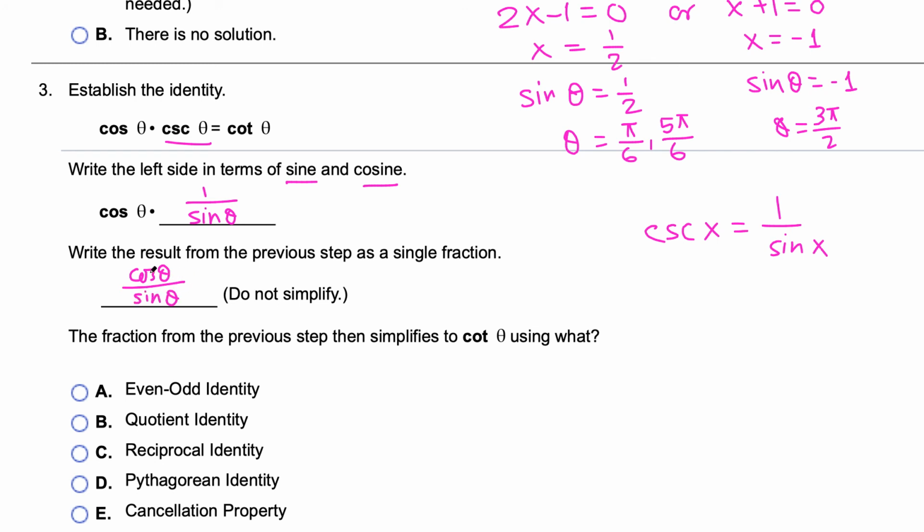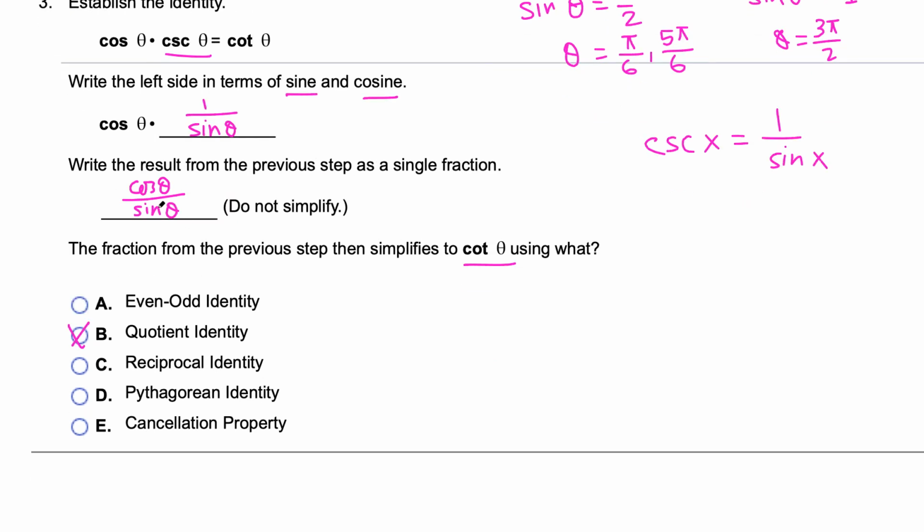Okay, now we got a quotient of cosine and sine, and cosine over sine is just cotangent. The fraction from the previous step then simplifies to cotangent. Yeah, it's the quotient of two functions, so it's the quotient identity. Quotient means fraction. Okay.